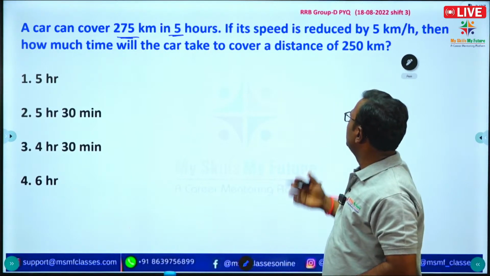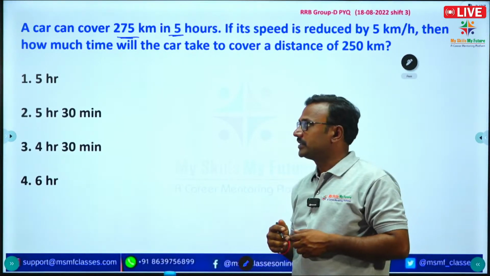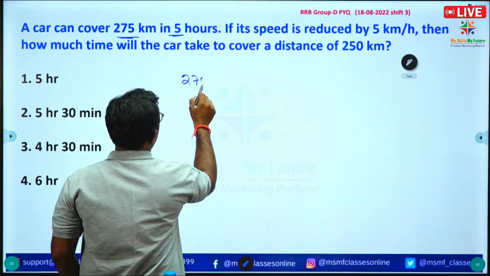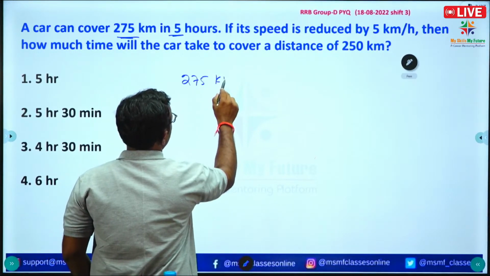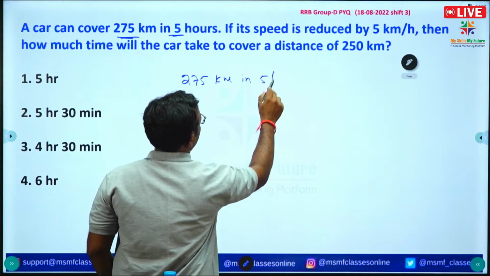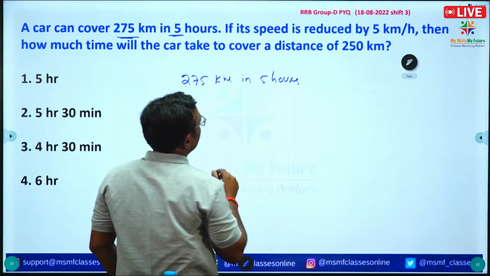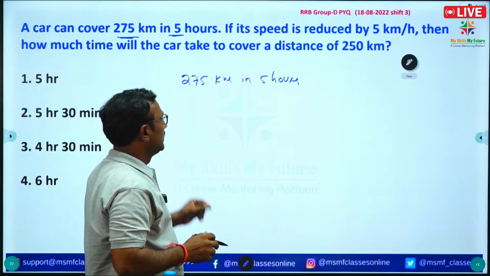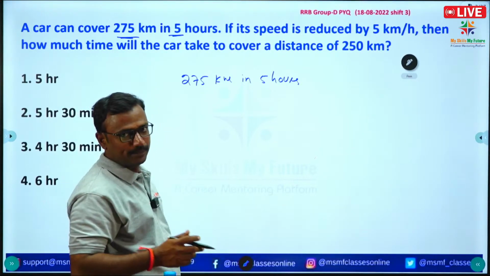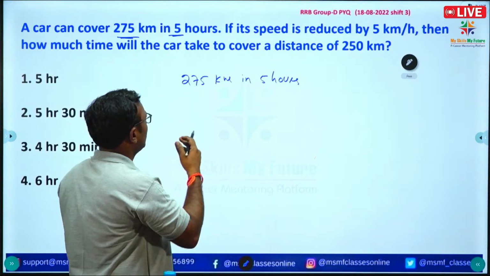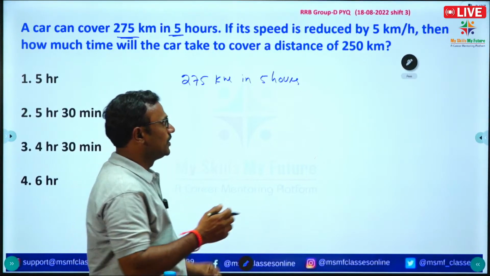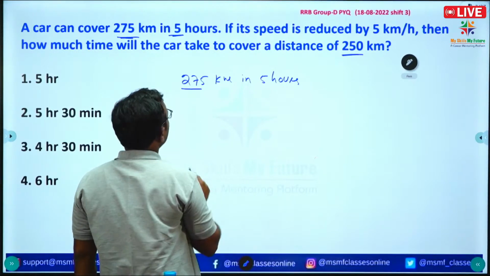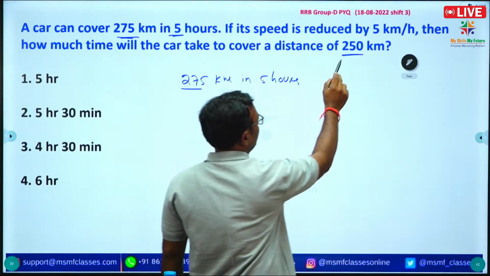If its speed is reduced by 5 kilometers per hour, then how much time will the car take to cover the distance of 250 kilometers? Here the distance is 275, here the distance is 250.